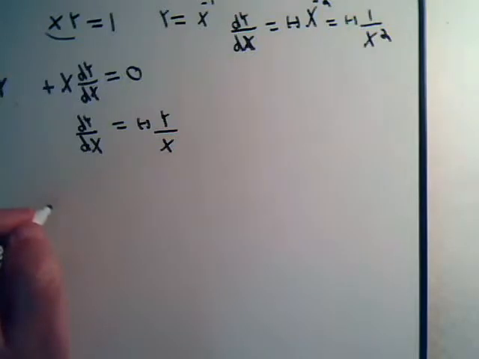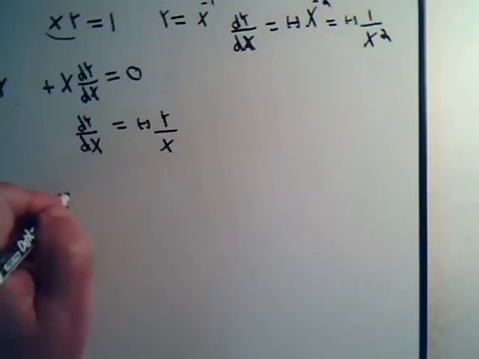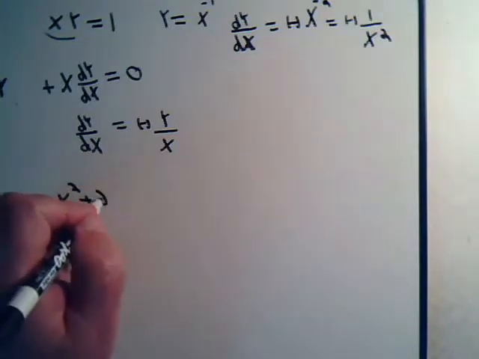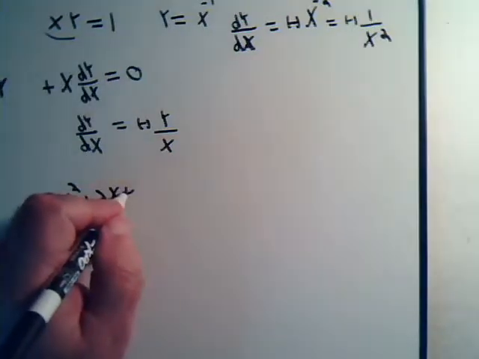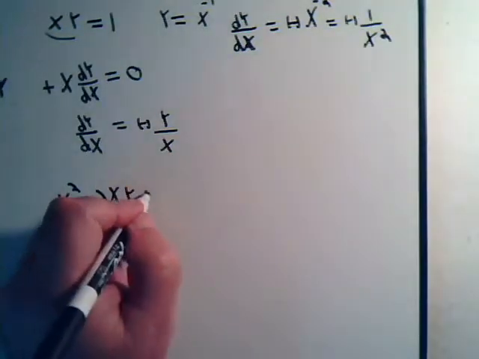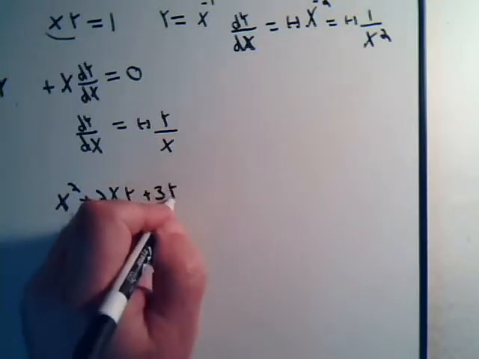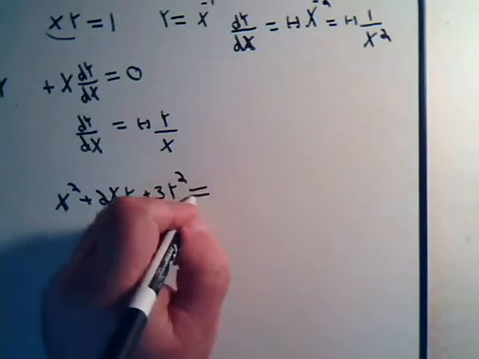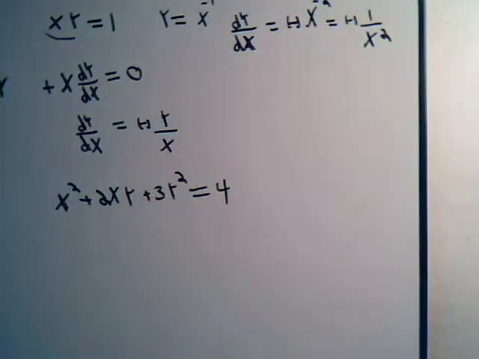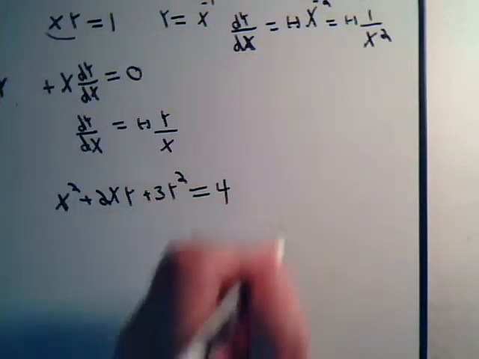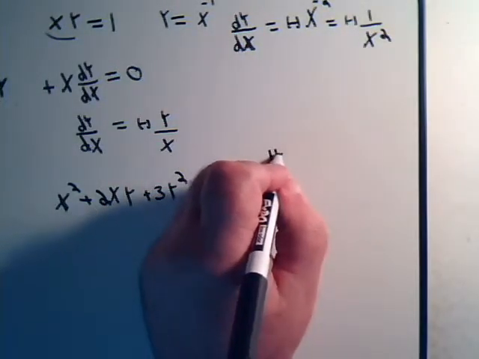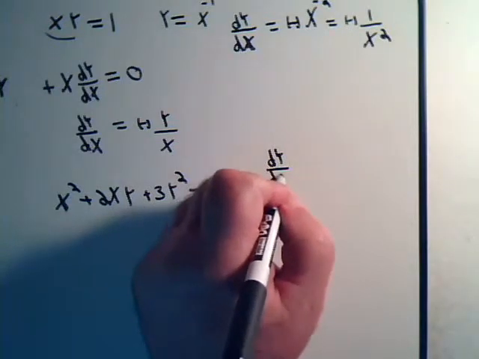Suppose we have, say, x squared plus 2x times y plus 3 times y squared equals 4. And we want to solve this for dy/dx.